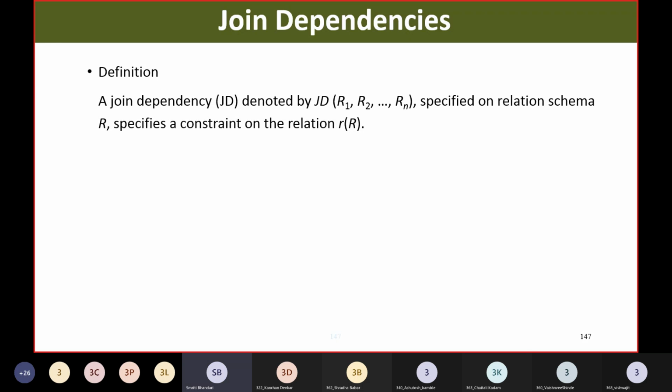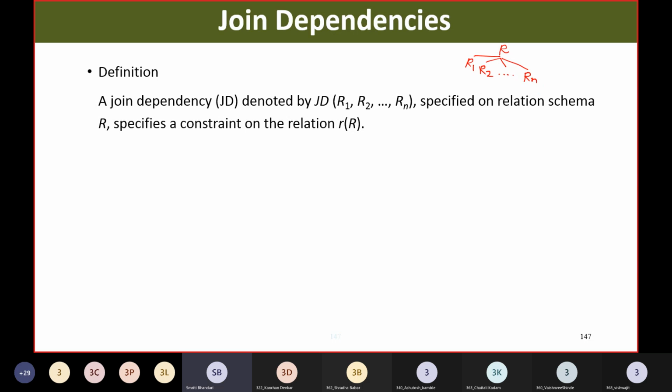Let us see the definition of joint dependencies. A joint dependency denoted as JD(R1, R2, up to Rn), specified on a relation schema R, specifies a constraint on the relation R. So we have the schema R, and we are considering the decomposed relations R1, R2 up to Rn.